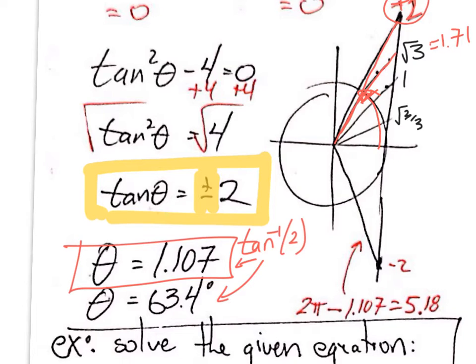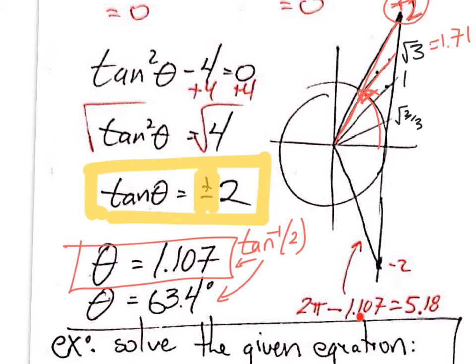So we have this plus pi, plus pi, plus pi, and so on. All the answers in the book are in radians, I think, so I thought I would write it in radians. But here's degrees, so you have a reference point. And then this angle down here, for the negative 2, I did 2 pi minus this many radians.